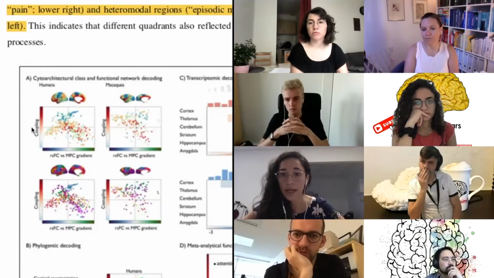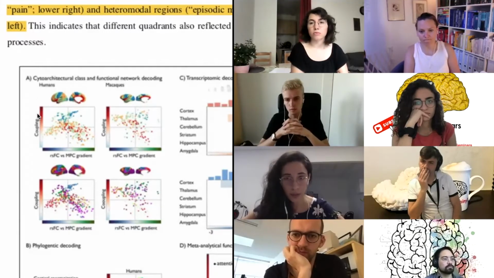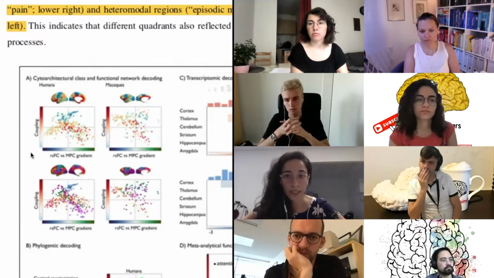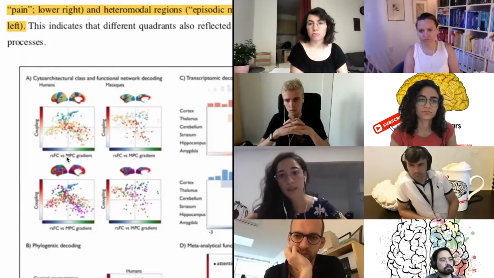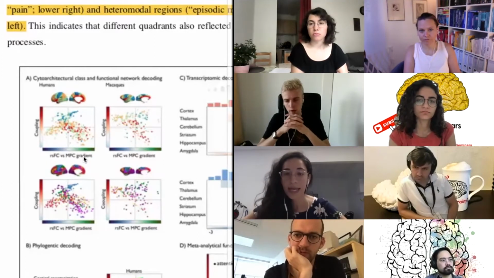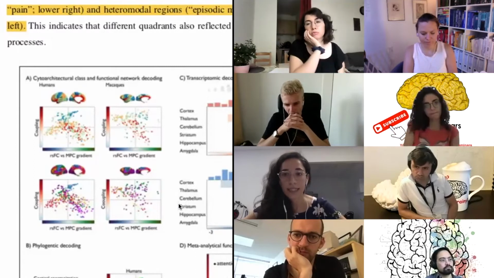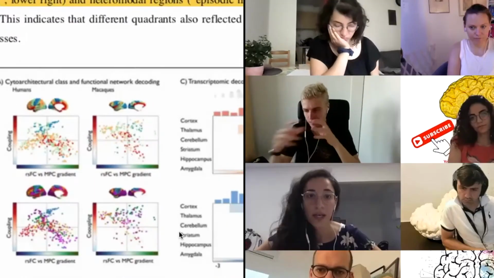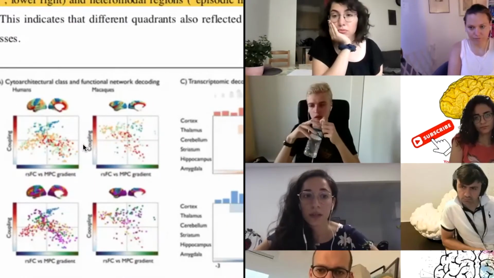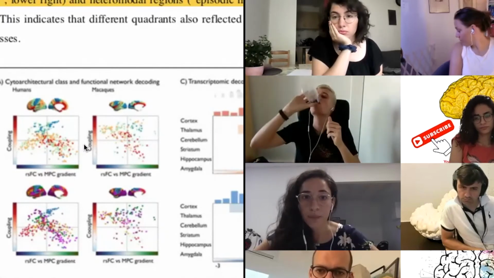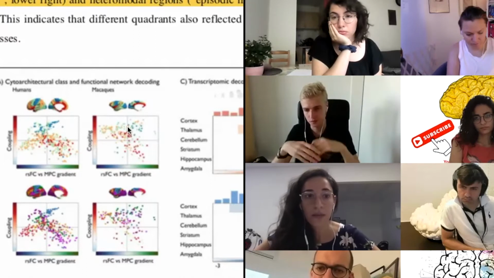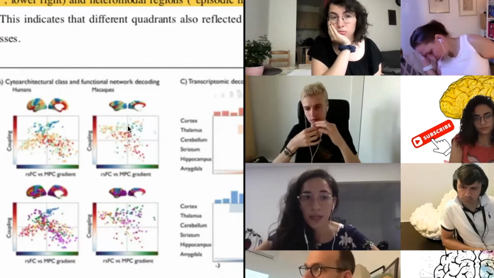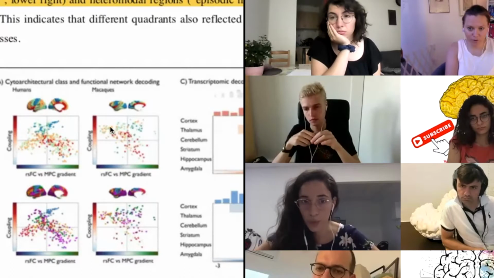So on the y-axis we have the coupling, and on the x-axis we have the difference between the resting state and structural gradient. And comparing humans and macaques, we see that the upper quadrants both include sensory and motor unimodal networks.